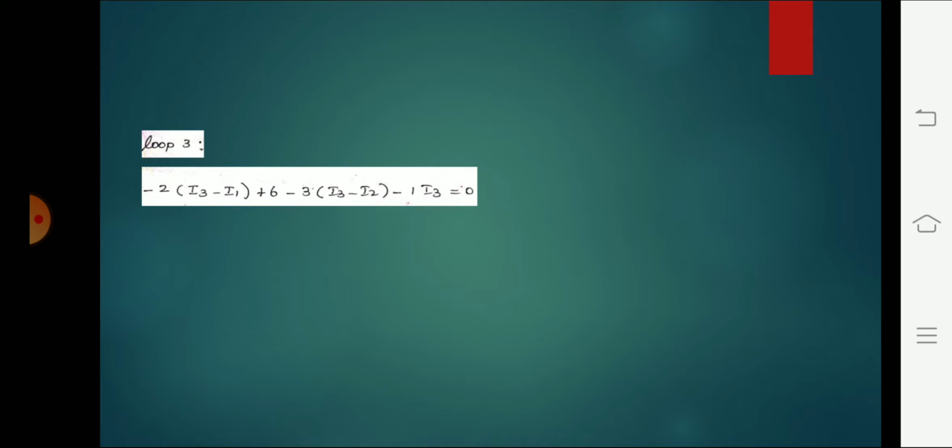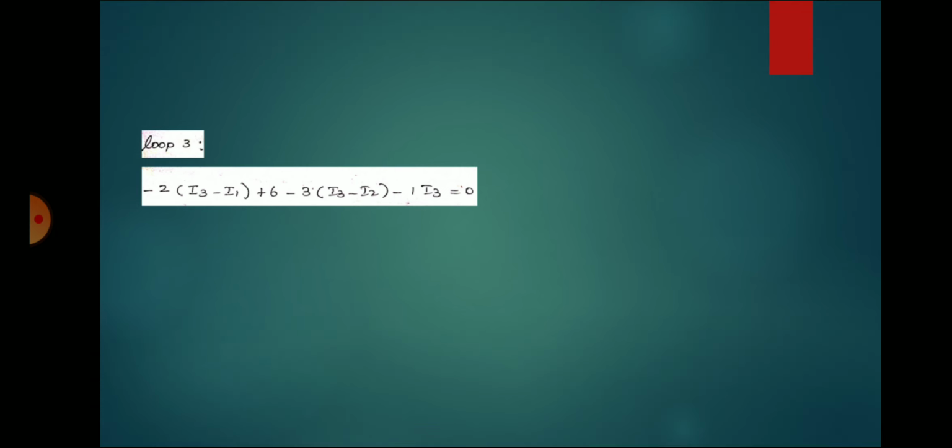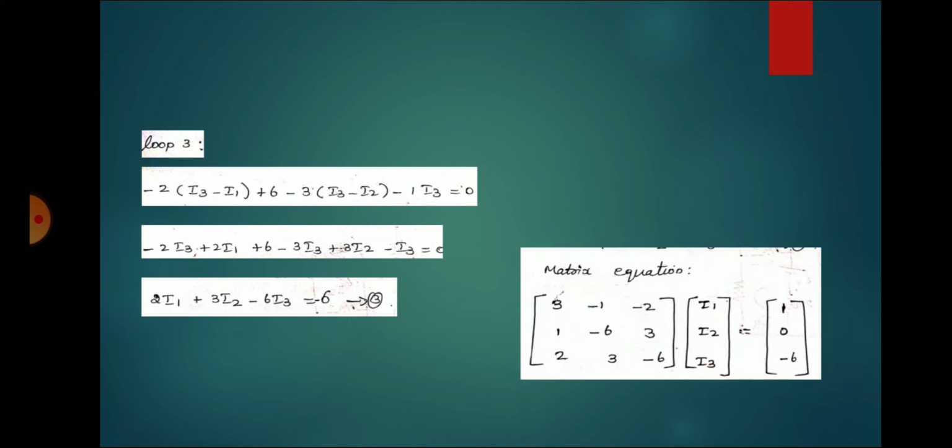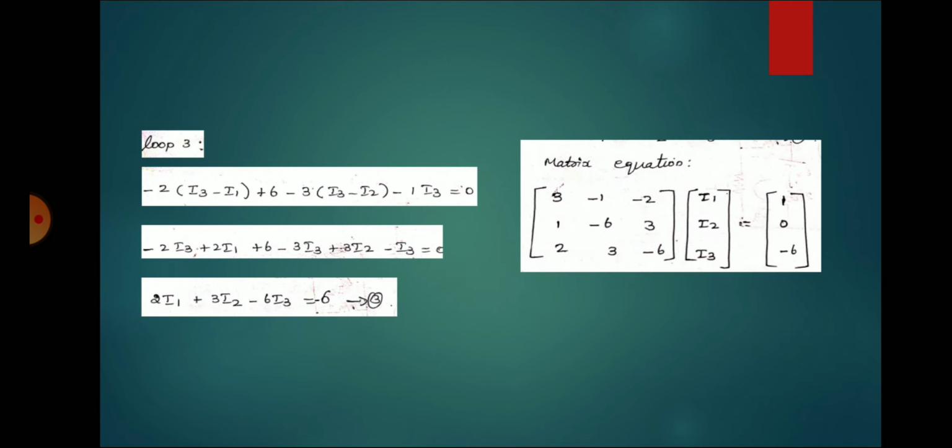The 3 ohm resistor is common to loops 2 and 3, so we put I3 minus I2. Again, the current flowing through the 1 ohm resistor is I3, so we put I3. Solving the equation, we get 2 I1 plus 3 I2 minus 6 I3 equals minus 6.